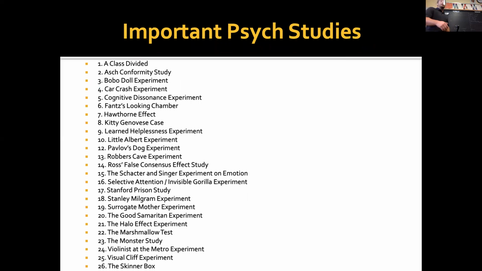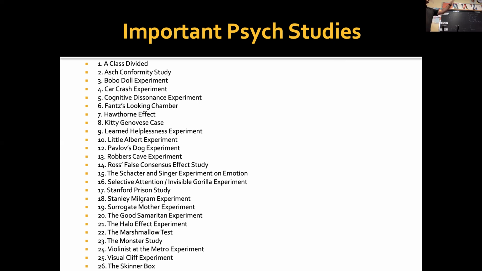So here are some important psychological studies. Again, I'll attach this to Canvas so you can look at these and maybe find the summary of these experiments to dive a little more into detail. Some of them aren't really terrible, and aren't going to be anything that really crosses ethical guidelines, but some of them do.